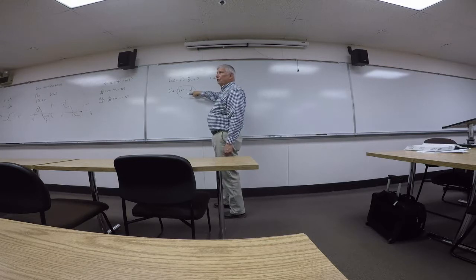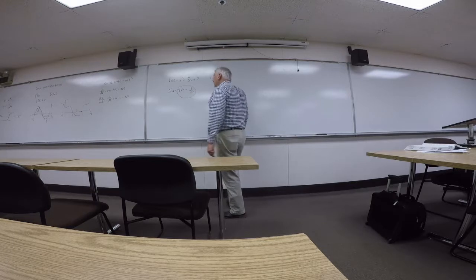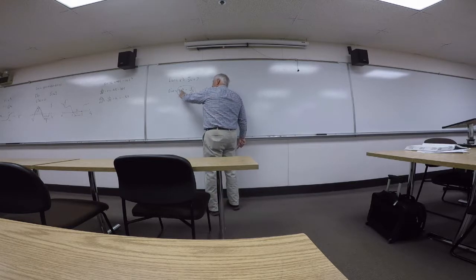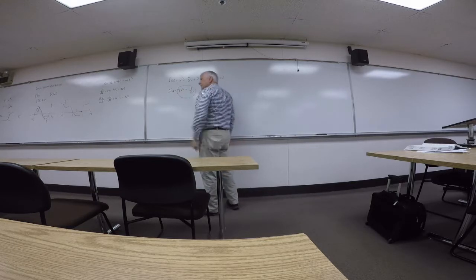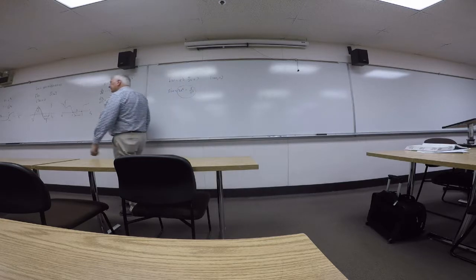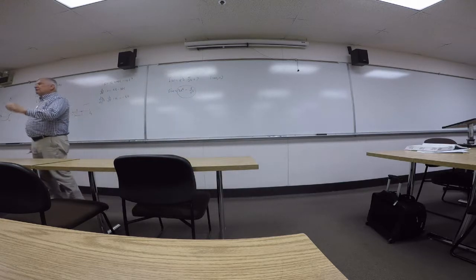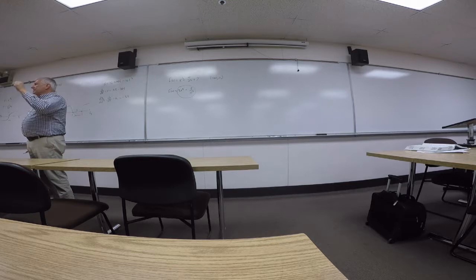What is x cubed if x is negative? Negative. And what is the opposite of a negative? Positive. Aha. So this is always positive, this is always positive, their sum is always positive, means this function always has a positive slope.